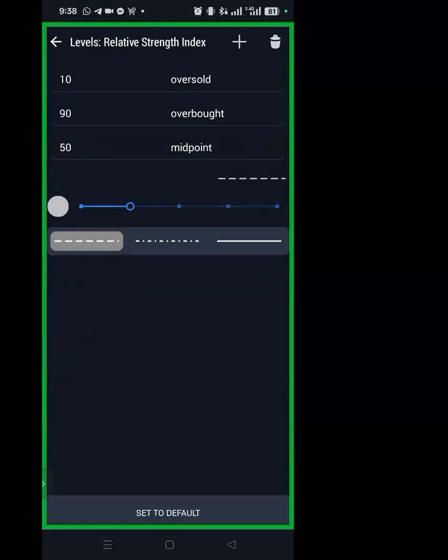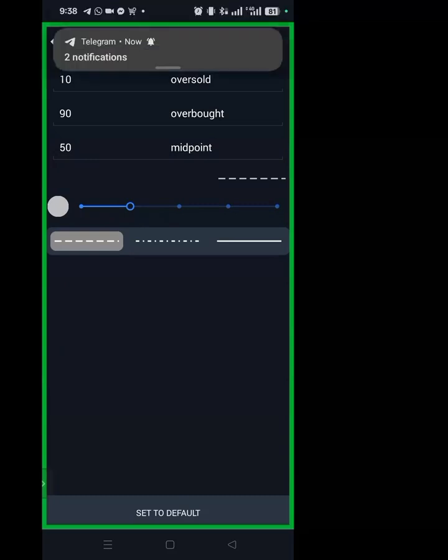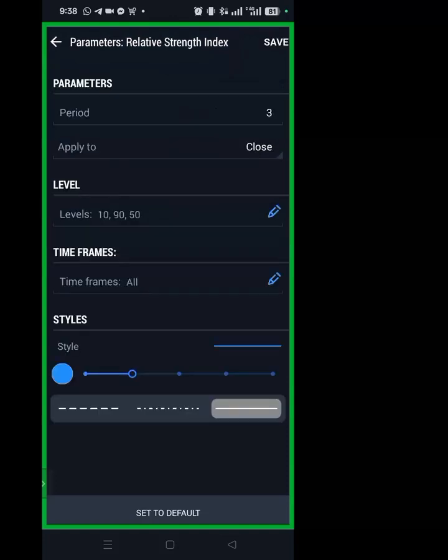Do you understand what I'm saying? The midpoint will be 50. If you take 50 out of 90, you have 40. If you take 10 out of 50, you still have 40. So that means that 50 is the right midpoint. And so that is how I got it.